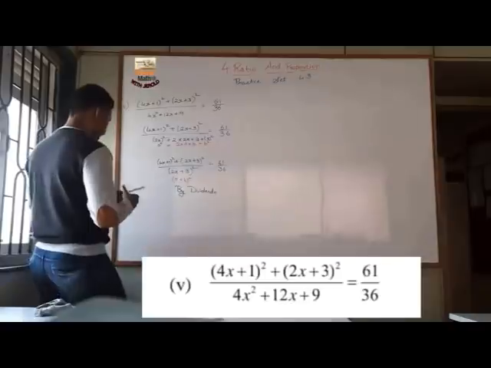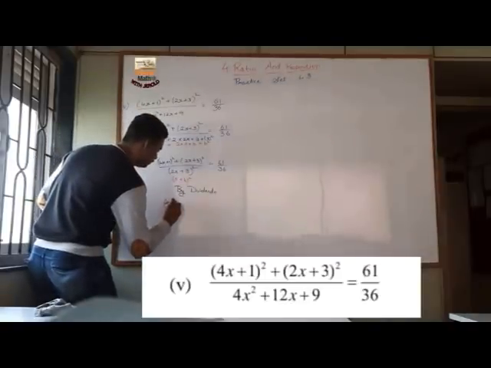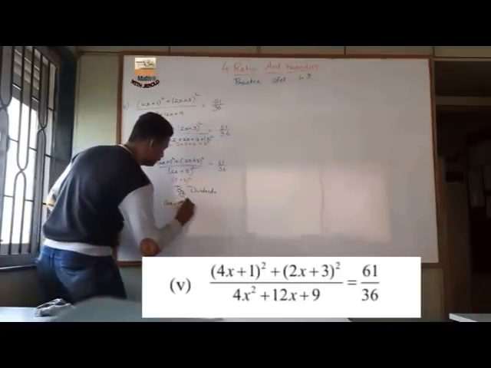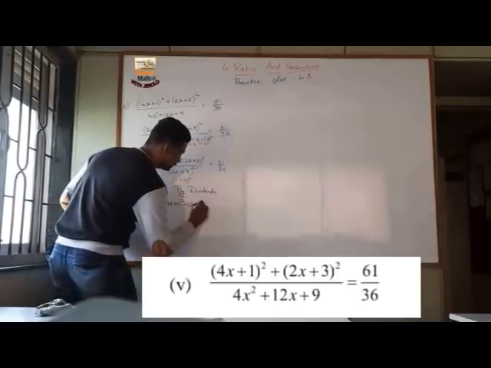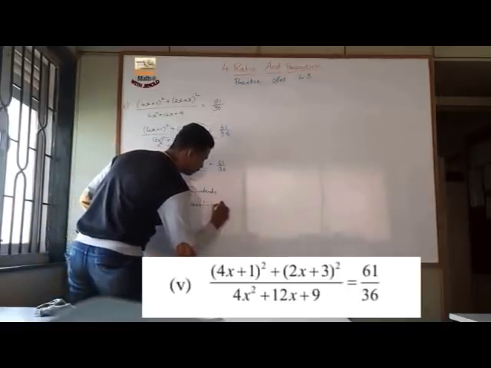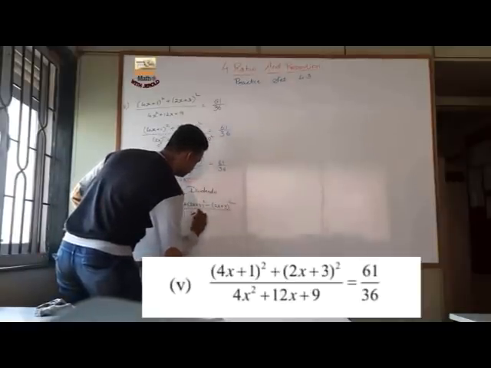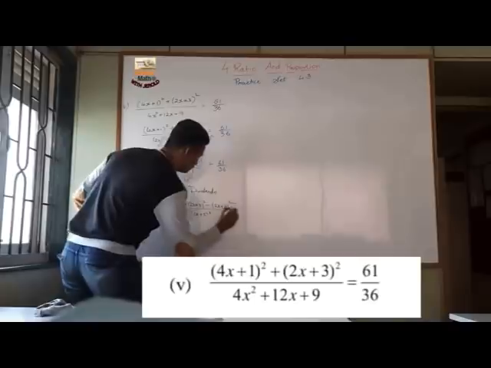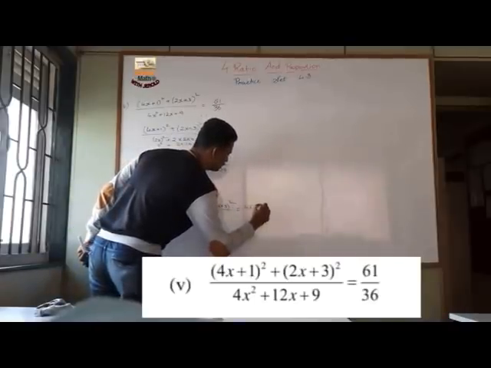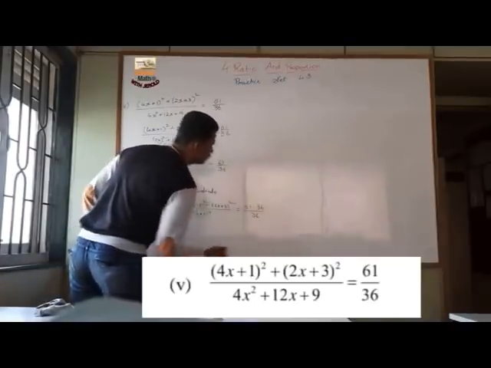By dividendo, I have (4x plus 1) squared plus (2x plus 3) squared minus (2x plus 3) squared, upon (2x plus 3) squared, is equal to 61 minus 36 upon 36.